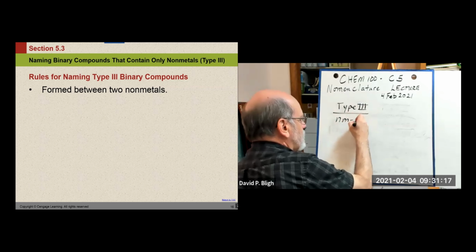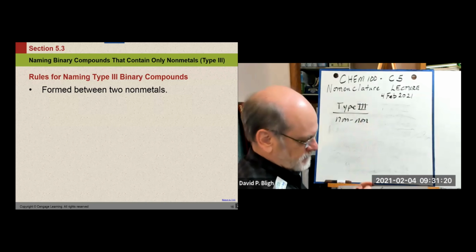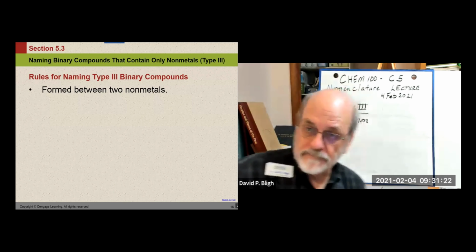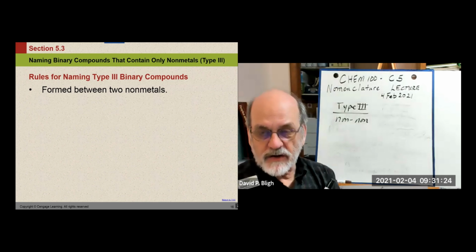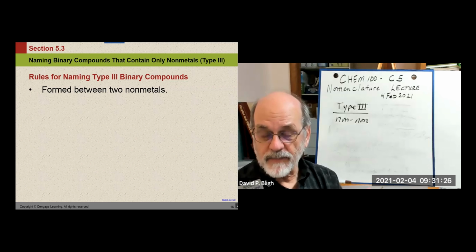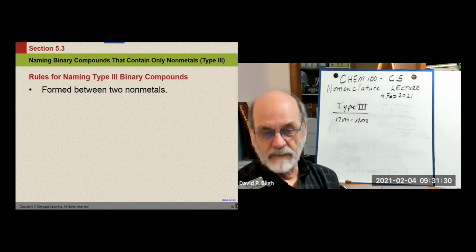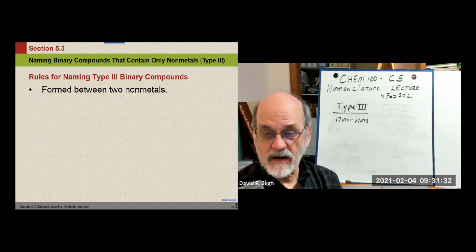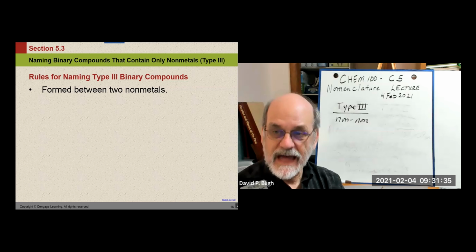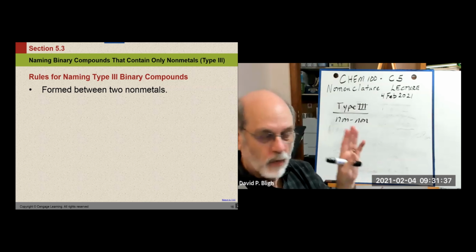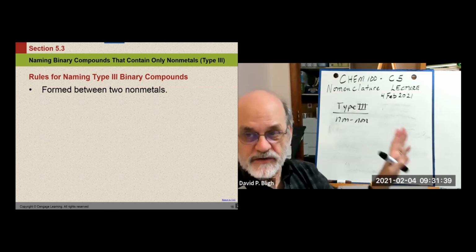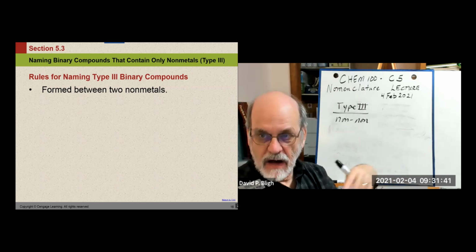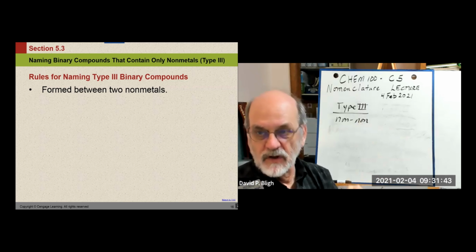Non-metal, non-metal. All right. The thing to understand about non-metal, non-metal compounds is there are no ions, but we use the binary ionic convention in naming. So we put one of them first and the other one second becomes the ion look-alike.